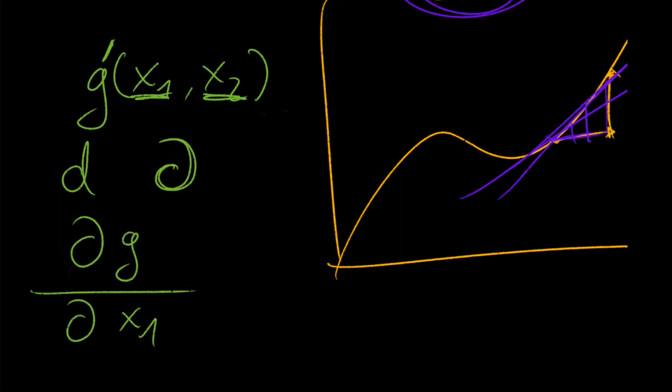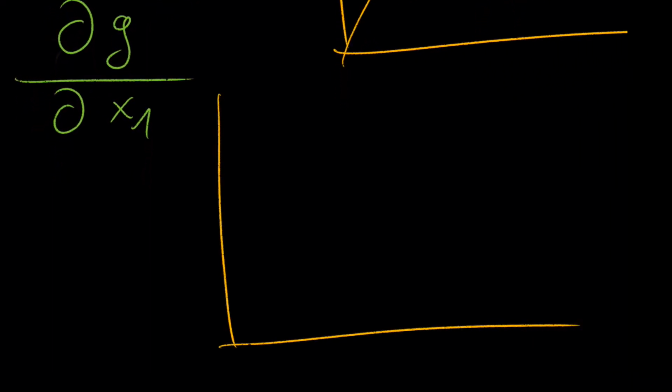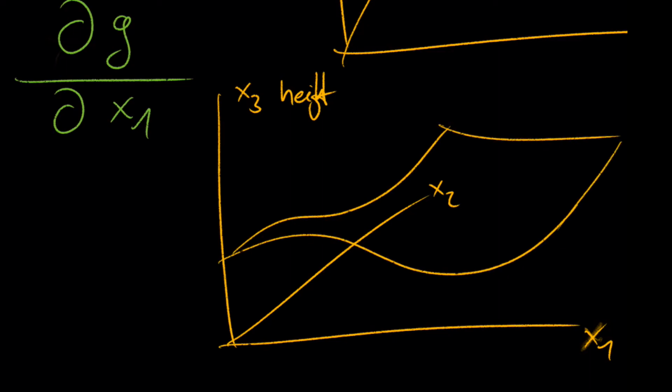To give you some intuition for a partial derivative, we can again imagine a function, this time depending on x1 and also x2, and it will result in, let's say, x3, which we can also imagine as a height. What this gives us then is some kind of surface, so maybe like this. The partial derivative at a certain point, let's pick this point here, is then how steep the surface is in that direction.